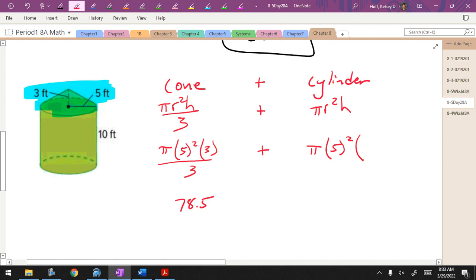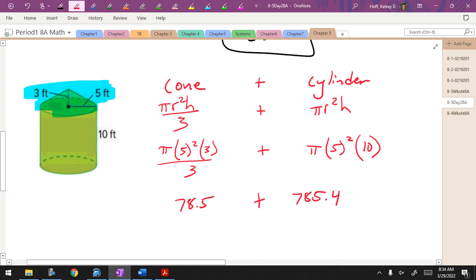How far is it between the two circles of my cylinder? 10. You do not divide that one by 3, because it's a cylinder. What'd you get, Courtney? 785.4.